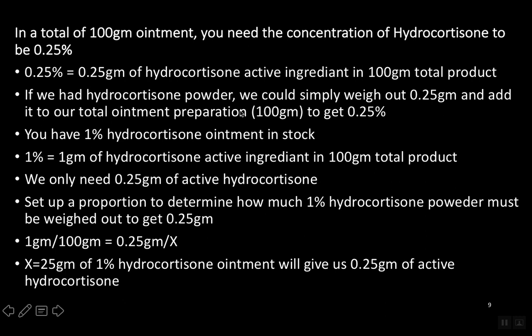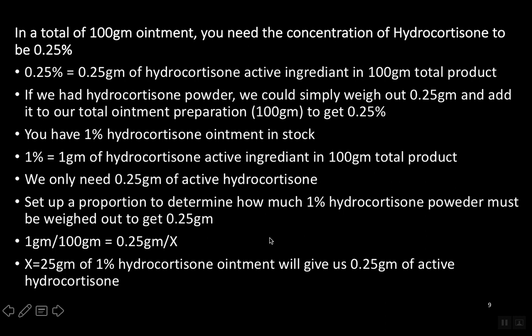But in this case, we don't have a hydrocortisone powder. You have a 1% hydrocortisone ointment in stock. What does 1% hydrocortisone mean? For every 100 grams of total product that you pick up, 1 gram is hydrocortisone active ingredient. I don't need 1 gram. I just need 0.25 grams of active hydrocortisone.